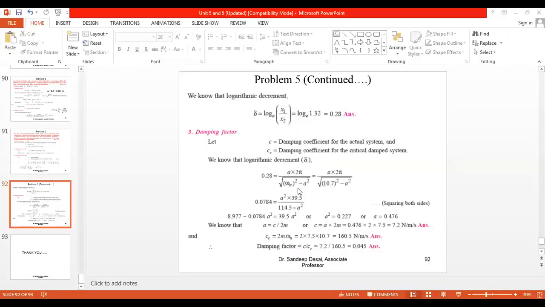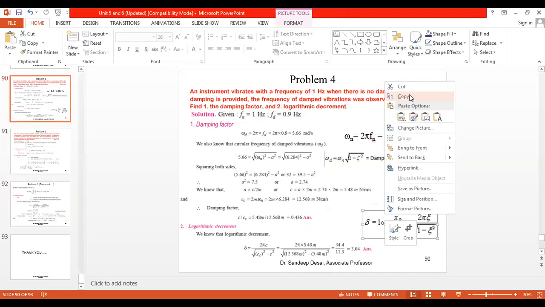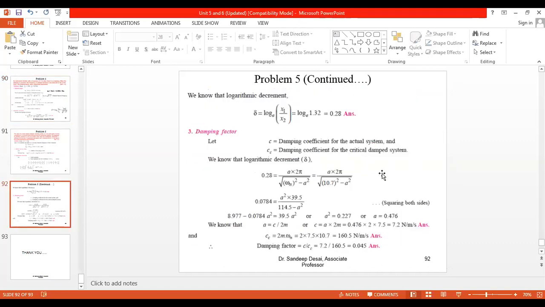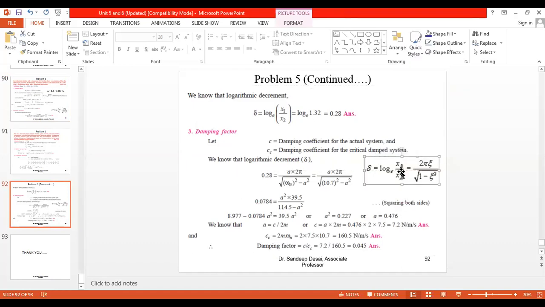Okay, let me just come back. And let us take this expression. You can use the same expression here also. Right. So use this expression here.